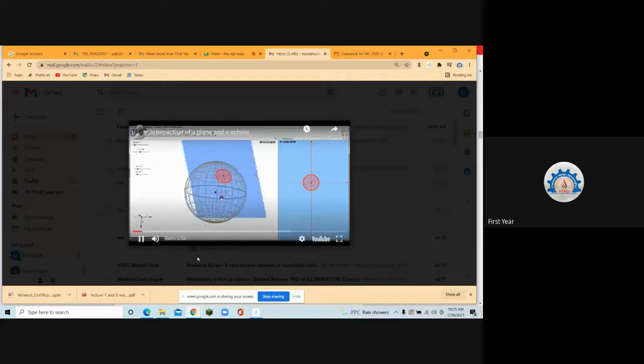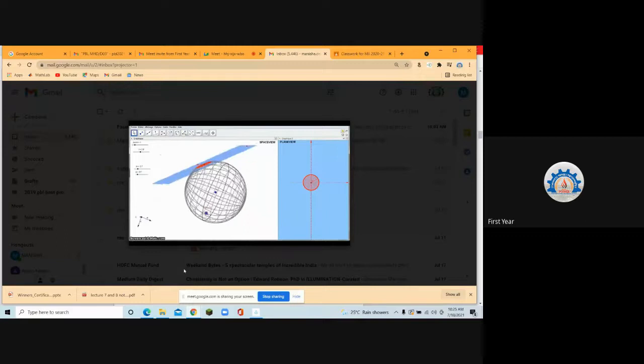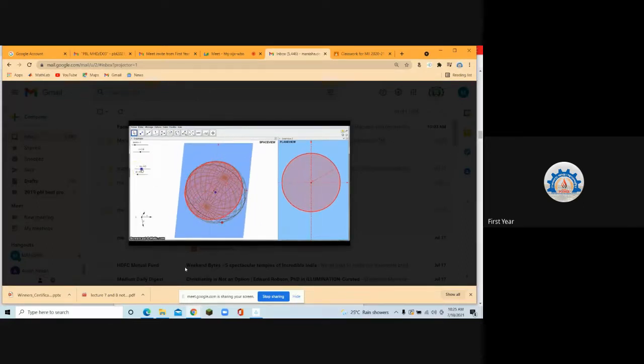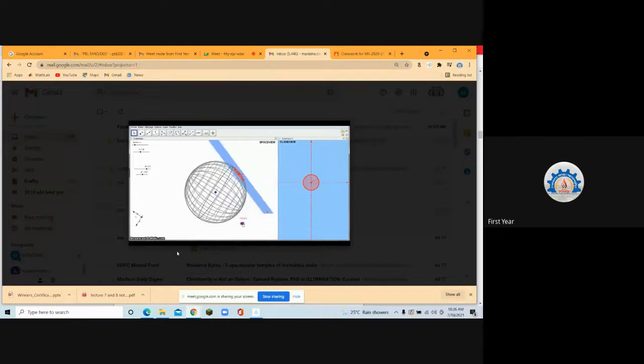This is the plane which is kept on top. Then that's a point circle. If we take that plane inside, then the section of the plane which is intersecting with the sphere will be nothing but a circle. In the further part of the video you will come to know more clearly how it represents a circle.